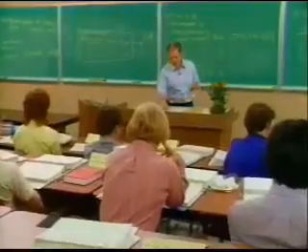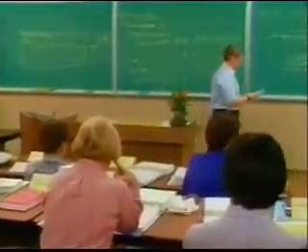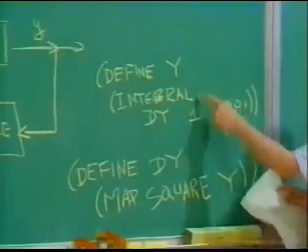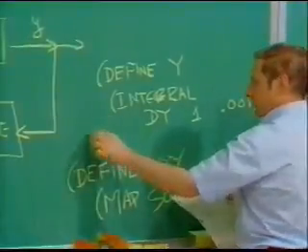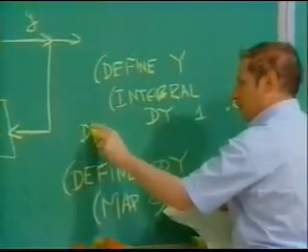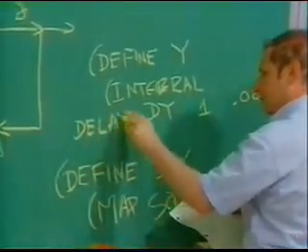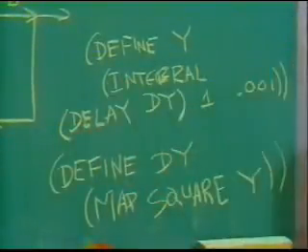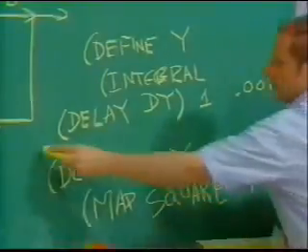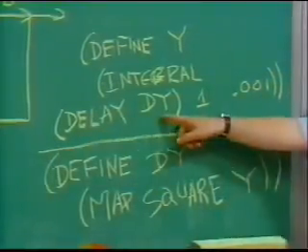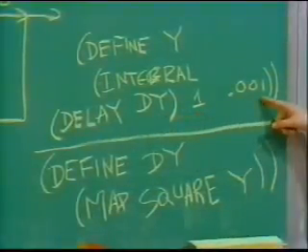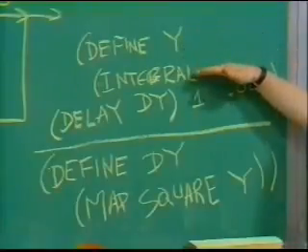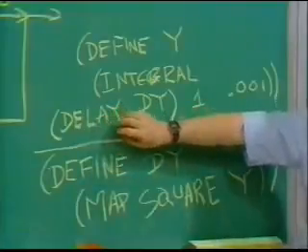And if we do that, then we can make this work. All we have to do here is say define y to be the integral of delay of dy, starting at 1. And now this will work because I type in the definition of y, and it says, oh, I'm supposed to be the integral of something I don't care about right now because it's a delay.